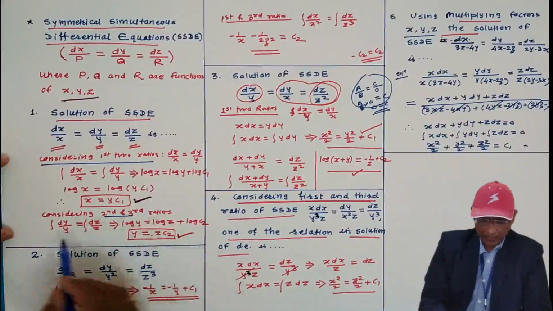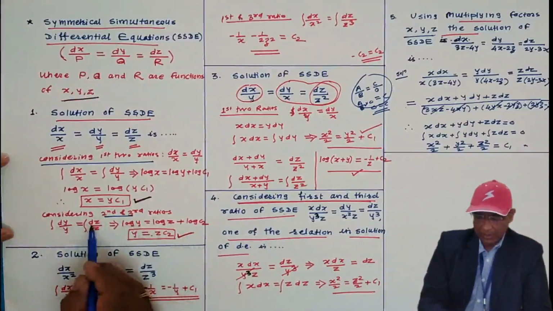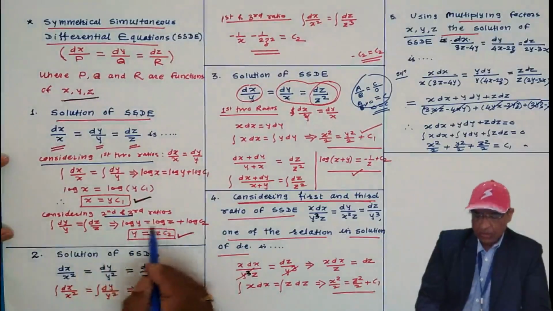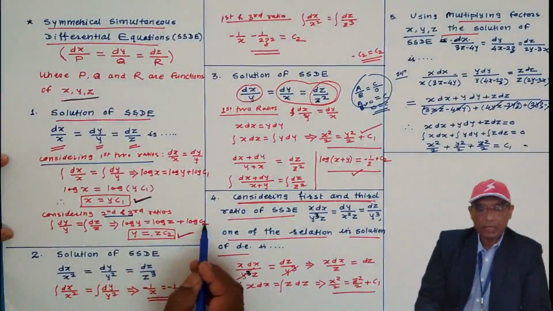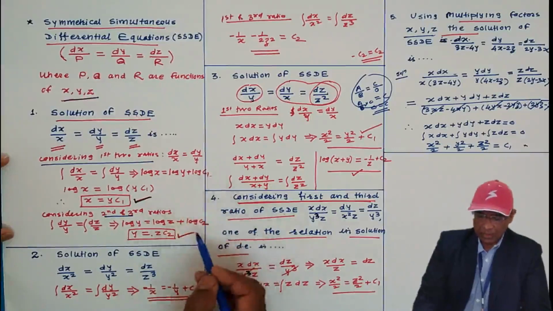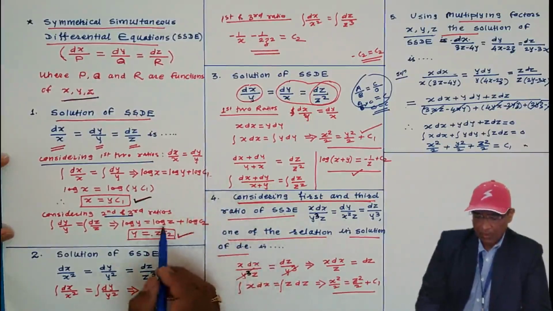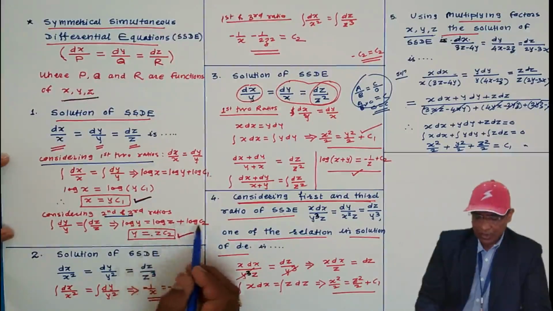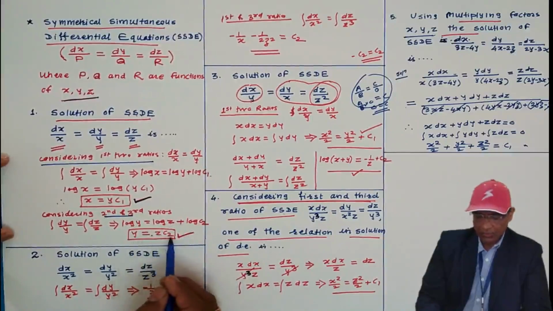You can integrate directly. Integration of 1 by y, integration of 1 by z. All terms are log terms, log of c2 is integration constant. Here I am using log c1, here I am using log c2. By law of logarithm, log of a plus log of b is log of a into b, so log of y equal to log of z into c2, that is y equal to z into c2.